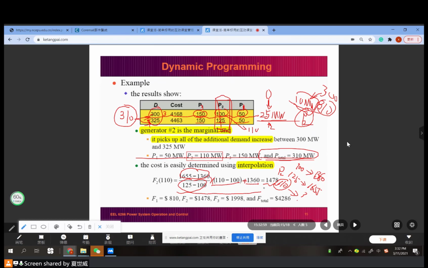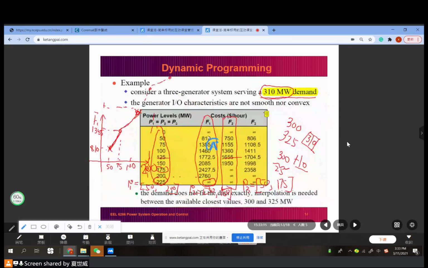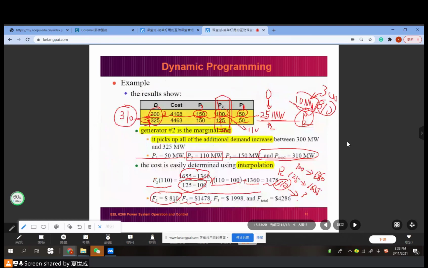Okay. So that means for generator 2, the cost is this. How much is it for generator 1? You can just look up to the 50. The power output is 50, and of course the number is this. So for F1 it is this.